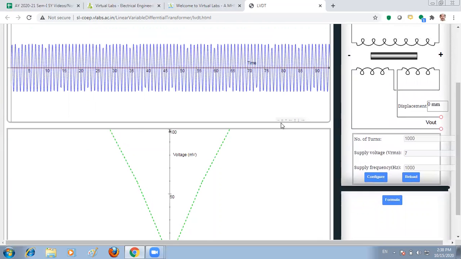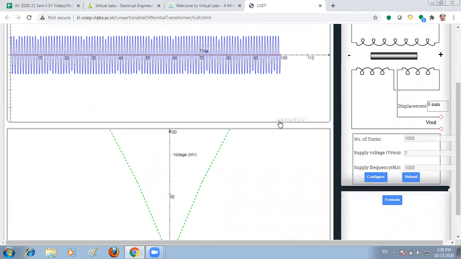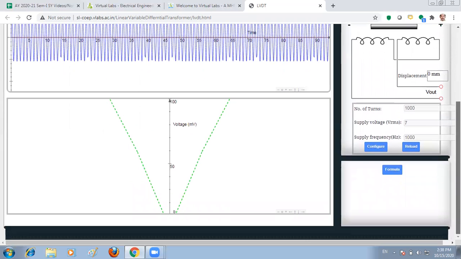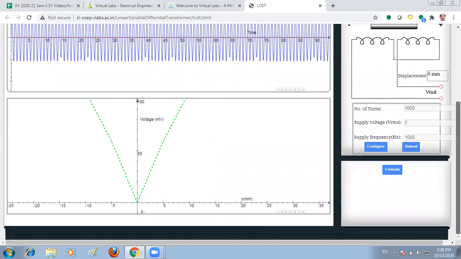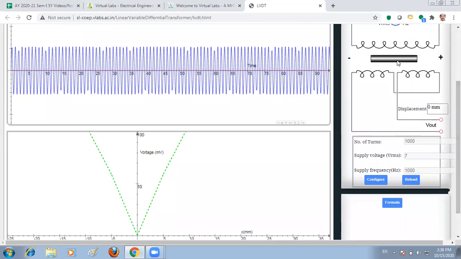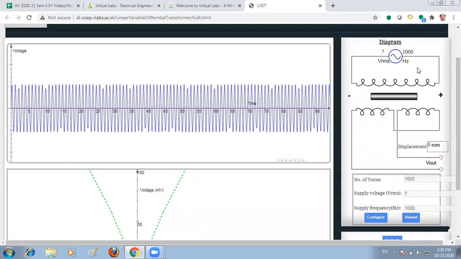Now here we can see this graph. You can see here, this is the primary winding, this is the armature and the secondary winding. The secondary winding is divided into two parts.